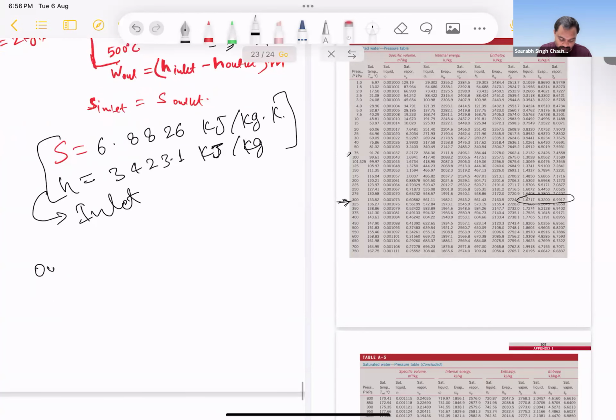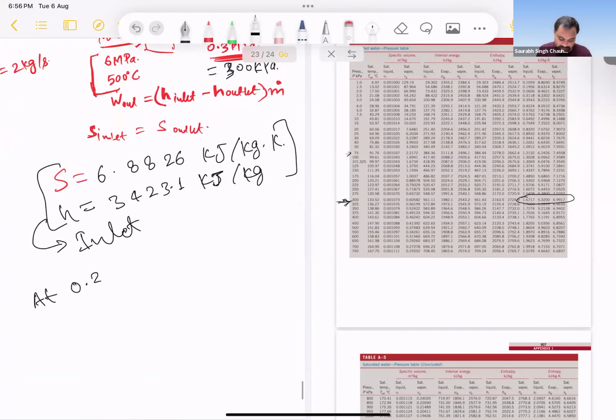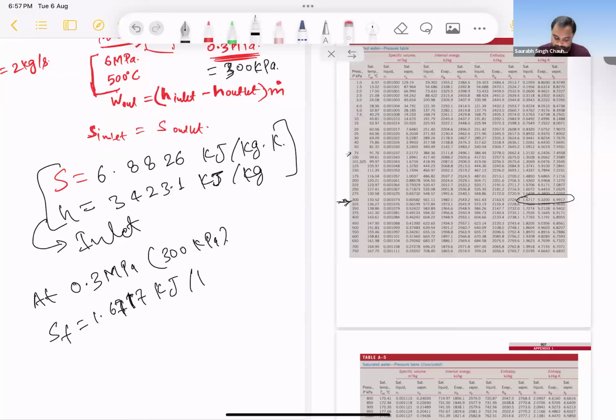Here it is. At 0.3 MPa or 300 kilopascal, the entropy of saturated liquid, Sf, is 1.6717 kilojoule per kg Kelvin.